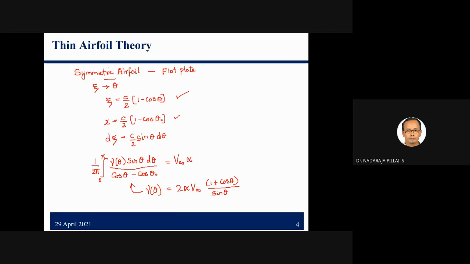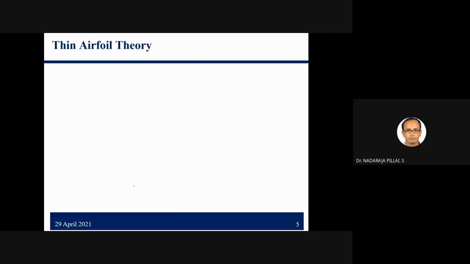Now, we can verify this equation. Let us substitute gamma of theta into that equation and we will see. So we can write 1 by 2 pi integral 0 to pi, gamma of theta sin theta d theta divided by cos theta minus cos theta naught.